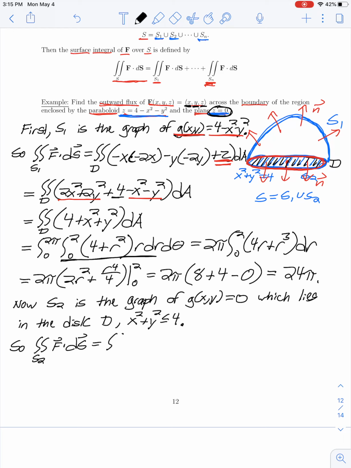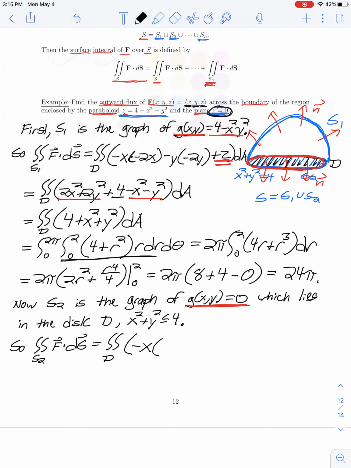would be evaluated as a double integral over this disk D of, let's think about the function that we're integrating here. So we would integrate negative p, which was x, the first component of our vector field, times the partial derivative of g. Now for S2, our g function is just 0.